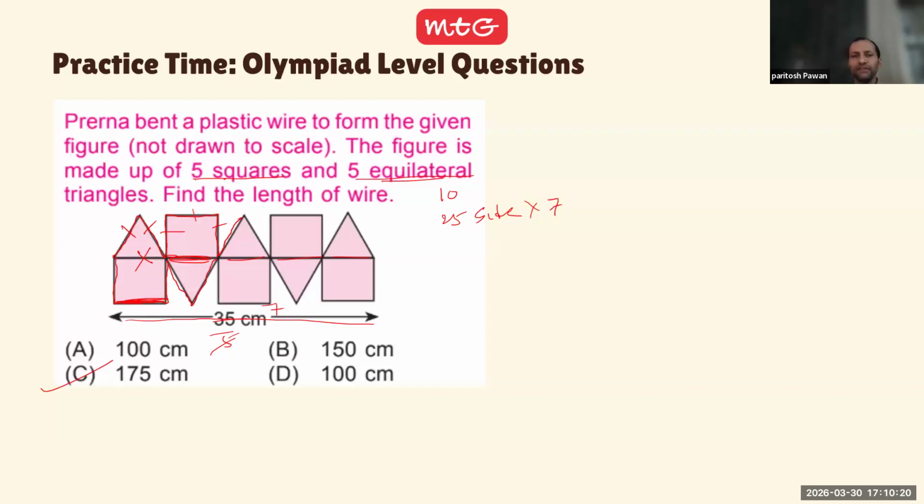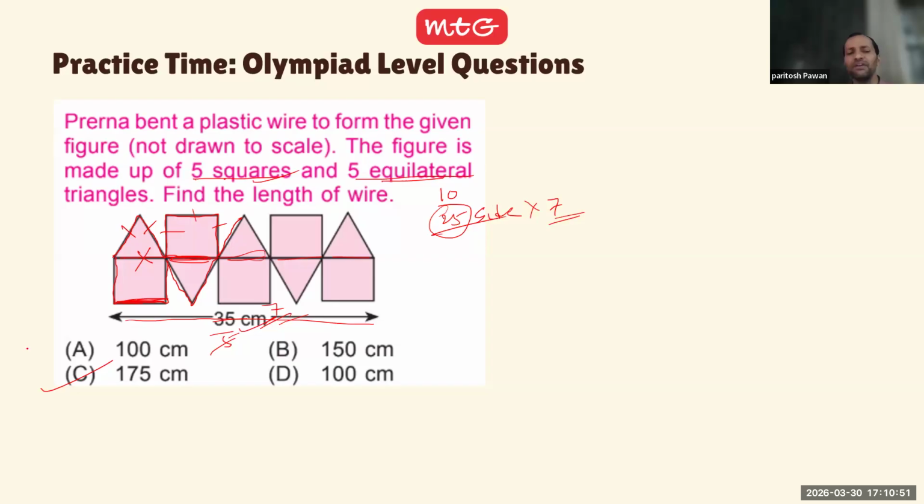Clear? Anyone has any doubt in this? Here the concept is just that we have to go around it. We should not consider that center line. We should not go inside. Just verbally we have calculated, because we know in square 3 sides, triangle 2 sides, so 5 3s are 15, and triangle 5 2s are 10, 15 and 10, 25 sides, and each side is 7.